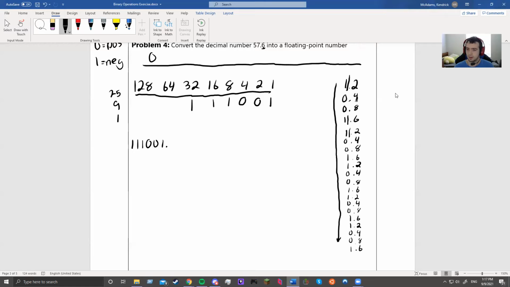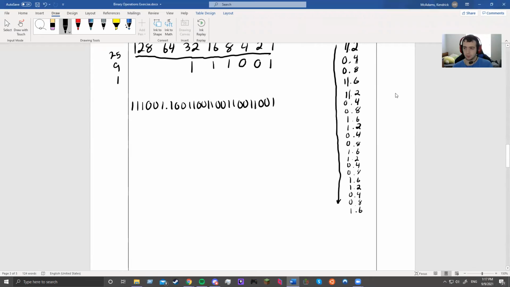The reason we separate is because we're going to write down the 1 as our binary 1, and zeros are going to be our binary zeros. So we're going to start at the top: 1, 0, 0, 1, 1, 0, 0, 1, 1, 0, 0, 1, 1, 0, 0, 1, 0, 0, 1.